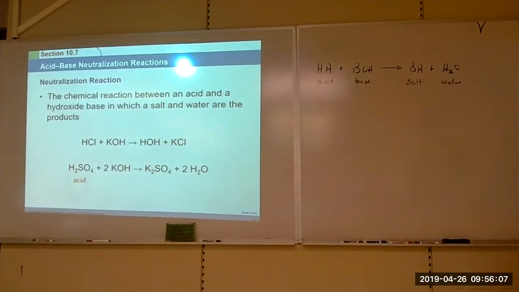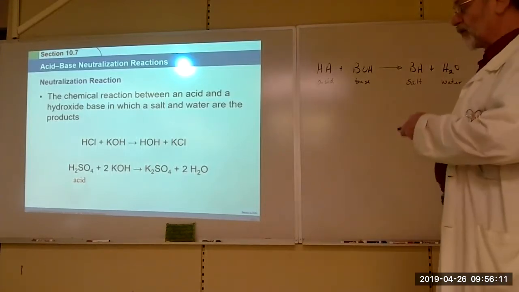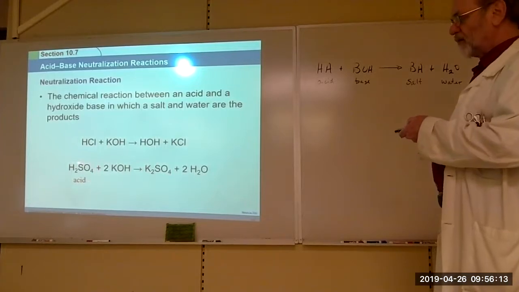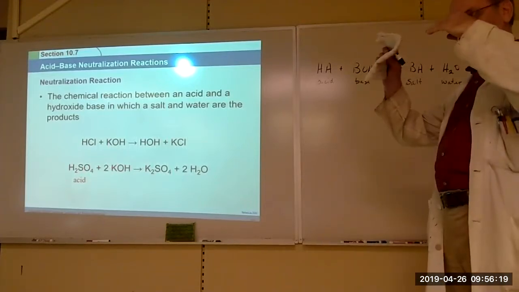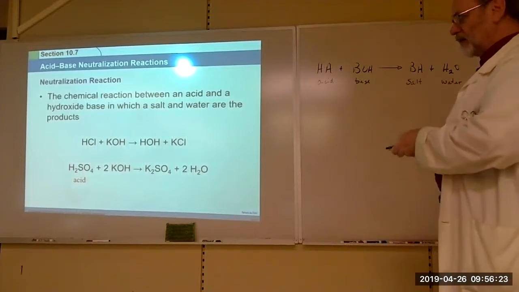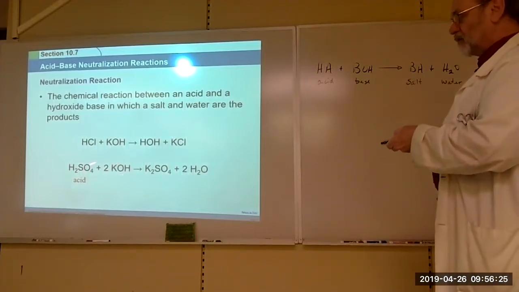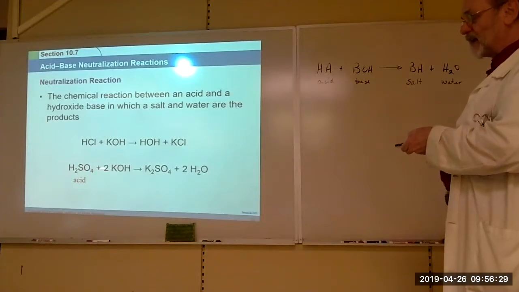That's called a neutralization reaction. If we allow for the stoichiometry of 1 mole of this for every 2 moles of that, then we get an exact reaction with the two and it neutralizes the solution. So this is a solution as we add it together with this solution.